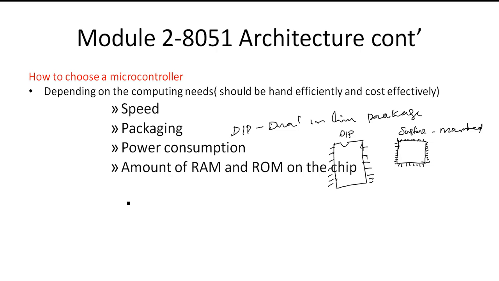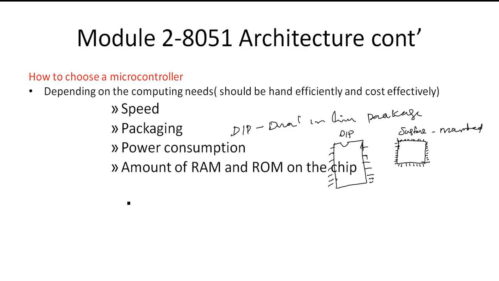Another point: the amount of RAM and ROM on the chip. RAM and ROM decide the speed of operation of the system. Most microcontrollers have a variety of variants which provide different amounts of RAM and ROM. If you have a small instruction set within your application, you can go for a small microcontroller having a small amount of RAM and ROM.